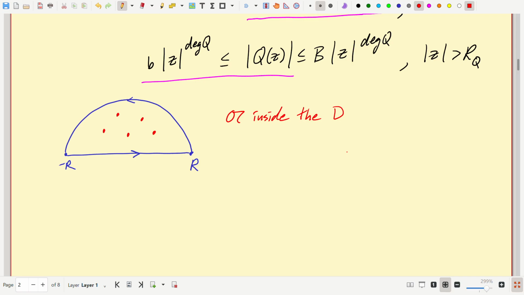So I make the R big enough so that picture goes, and I'll call this part of it L for line, and this part, the circular part, C sub R.